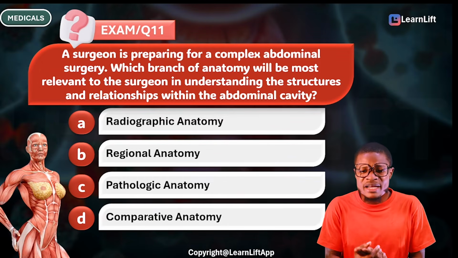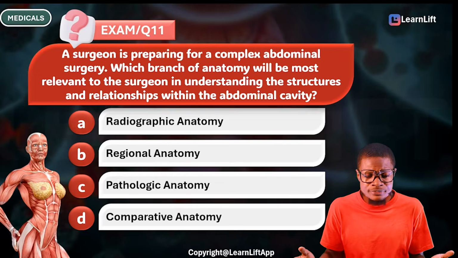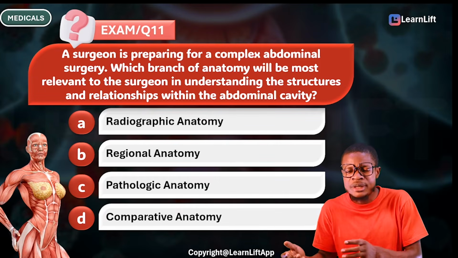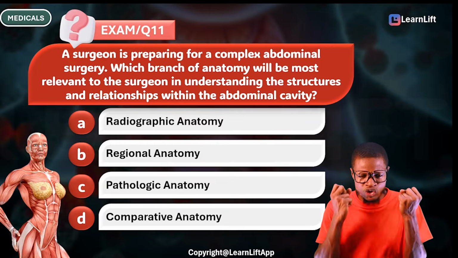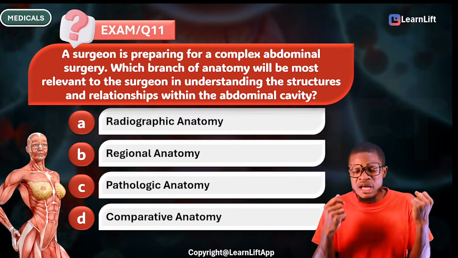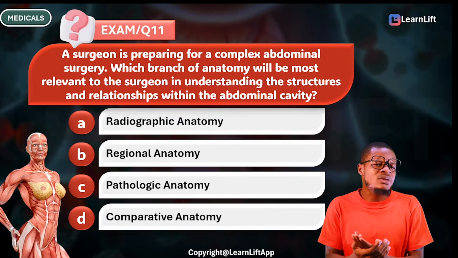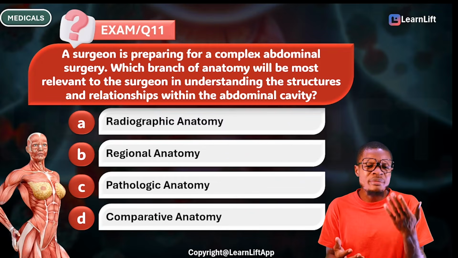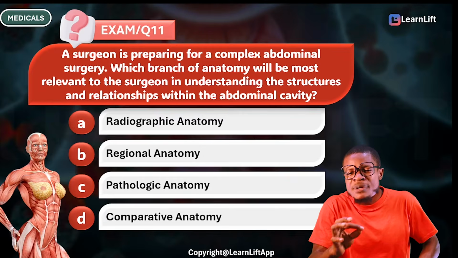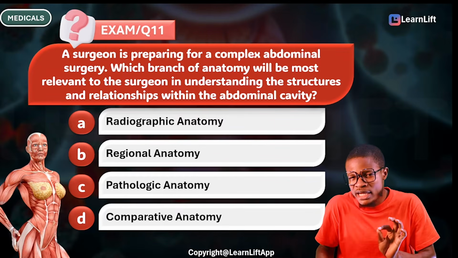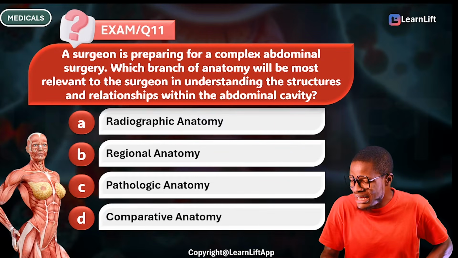It cannot be comparative anatomy because you're not comparing any two things here. Pathological anatomy, no particular disease is being highlighted to give us strong grip or hold on that. If you say radiographic anatomy, there is nothing like any imaging modality or imaging technique there that will make it radiographic anatomy. A surgeon is preparing for complex, look at the striking word there, complex abdominal surgery.